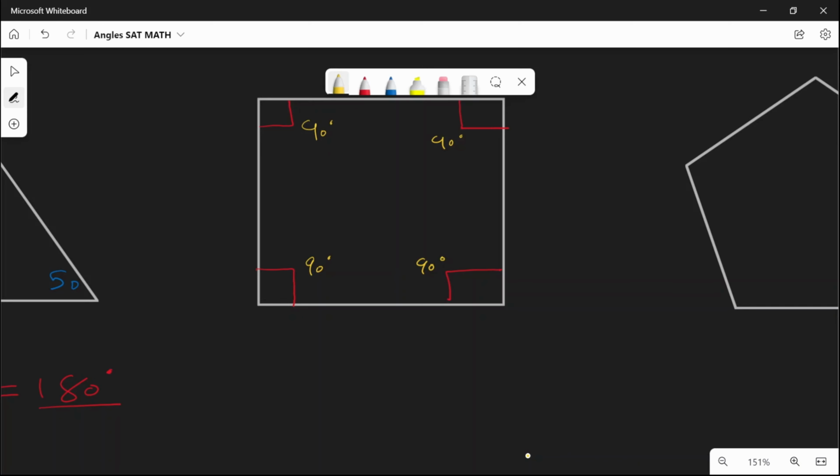So we have 4 angles and each of them is equal to 90 degrees. So the total measurement of these 4 angles is equal to 90 multiplied by 4, which is 360 degrees.